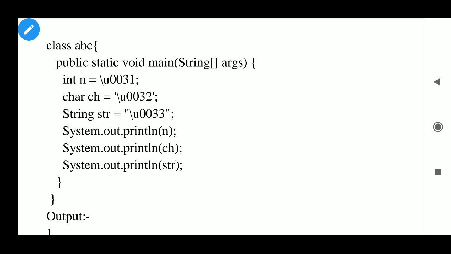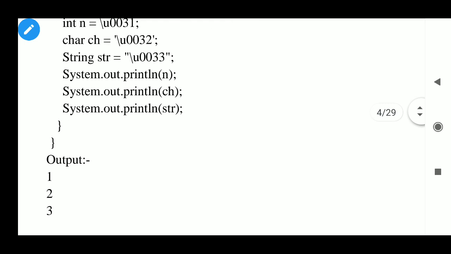Because of the different types of variables we have used here: n is for int, ch for character, str for a string, and we are just printing System.out.println n, ch, and str. Now we will get the output 1 2 3. In the output, 1 is numeric integer type, 2 is character type, and 3 is string type.